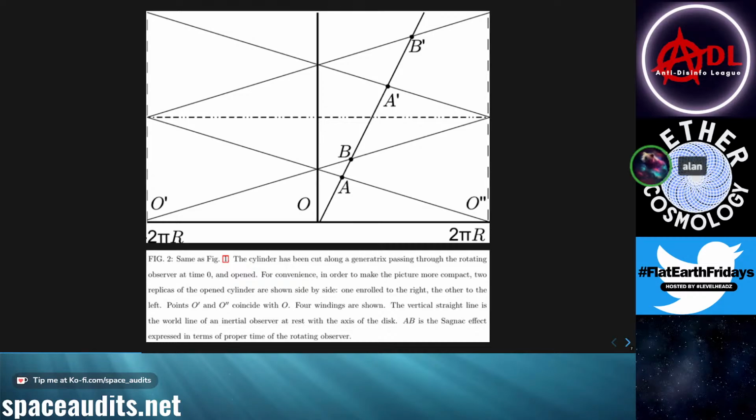And they even state this in this paper, and they're like, okay, well, but since we already set you guys up for a geometrically convenient position, we'll go ahead and explain it through these confines. And then they offer no actual explanation for the fringe shift pattern. At best, they could only explain a second order Doppler shift that's proportional to the velocity of the rotating platform, but they couldn't explain the fringe shift pattern.